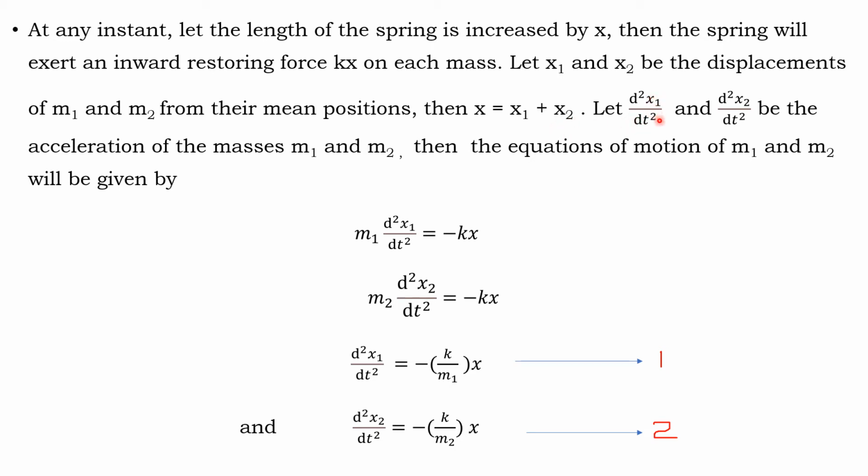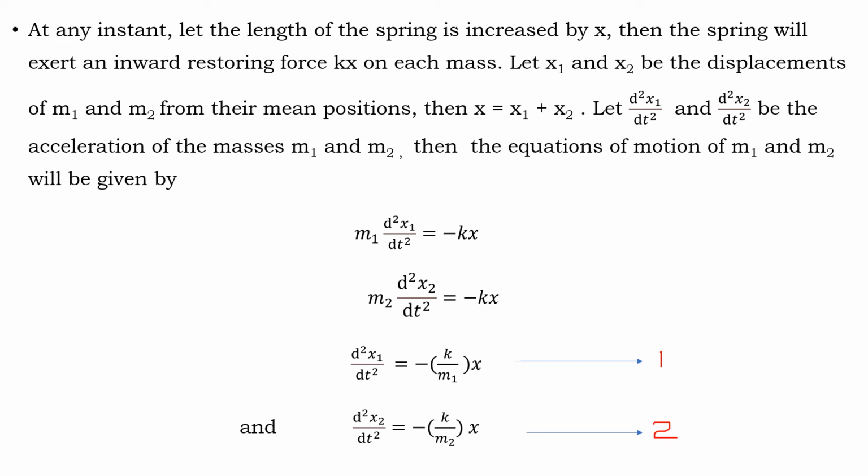Let d square x1 by dt square and d square x2 by dt square be the accelerations of the masses m1 and m2. Then the equations of motion of m1 and m2 can be written as m1 into d square x1 by dt square is equal to minus kx, and m2 into d square x2 by dt square is equal to minus kx.